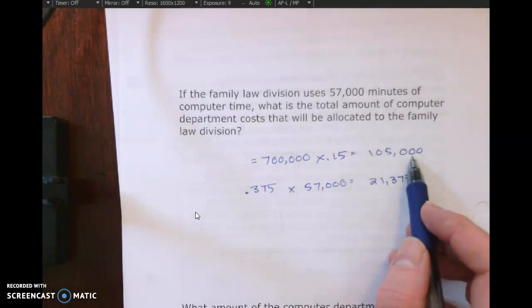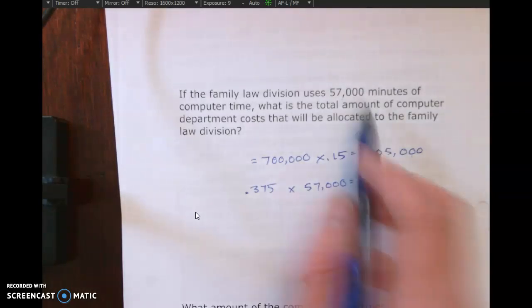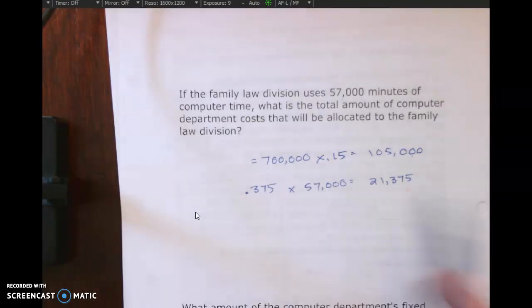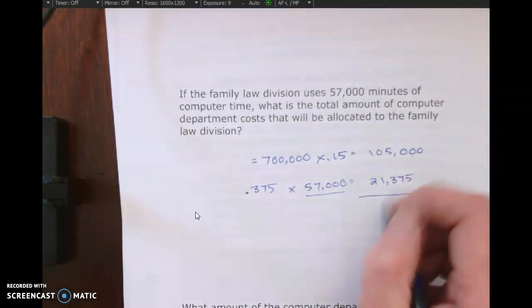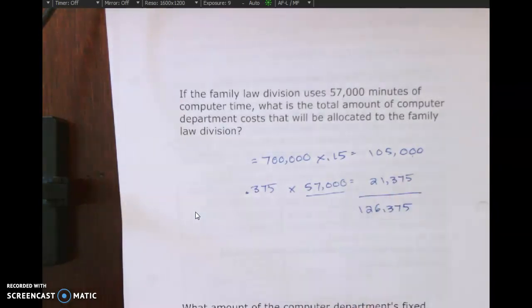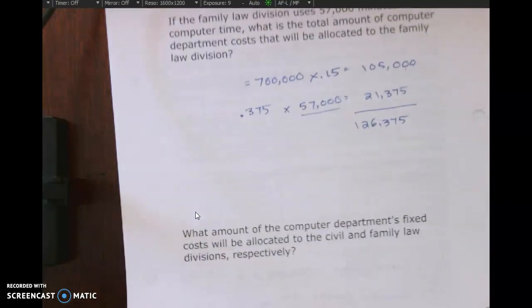This represents the allocation of the fixed cost of the computer system to family law. This represents family law's share of the variable costs, which are based upon how many computer minutes they use. So now what we can do is add the two together, 126,375.